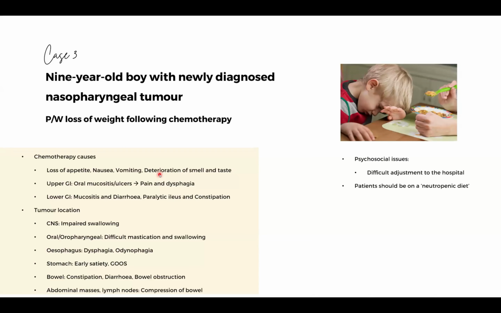These are new patients. They're still struggling to go home without understanding the severity of the illness. They are on a neutropenic diet, with unavailability of preferred food choices. There are food myths, like cold food, and in Sri Lanka our staple food is rice, so parents often think if the patient is not eating rice, the patient is not eating anything.